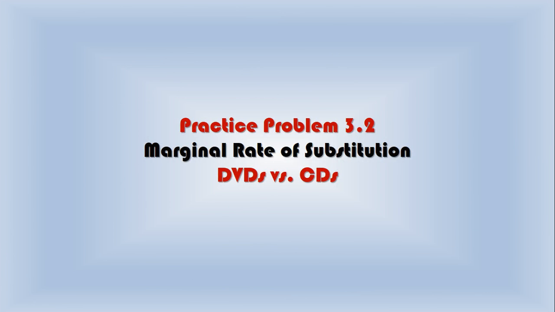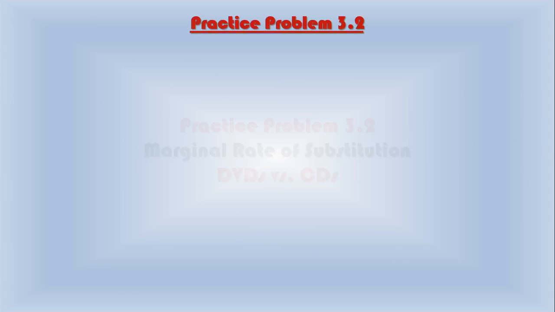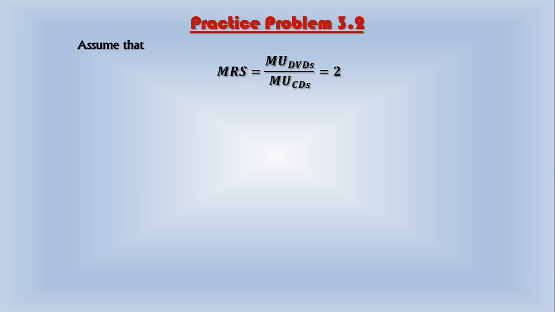Quick practice problem just to highlight the logic of the marginal rate of substitution so you're able to understand what it means. So let's say we're dealing in a world where there are only DVDs and CDs, things that if you are interested can go to the Natural History Museum and find out about. They used to be used by people to enjoy entertainment.